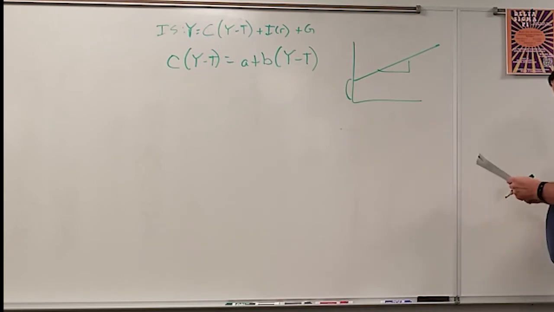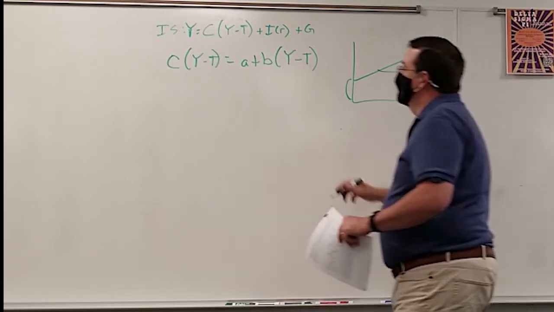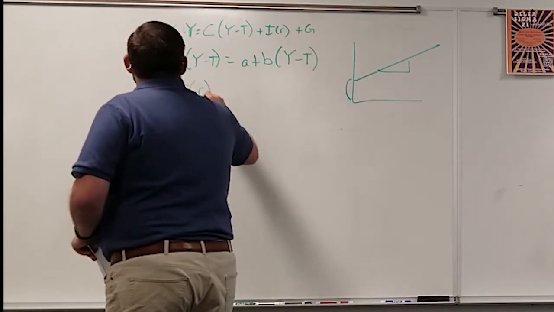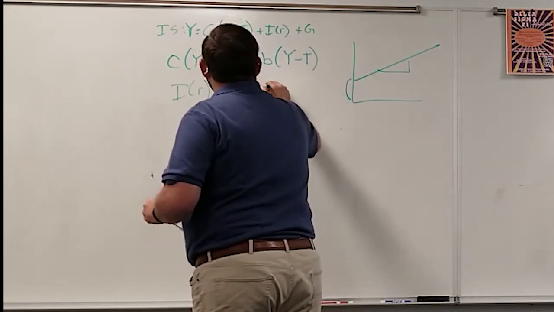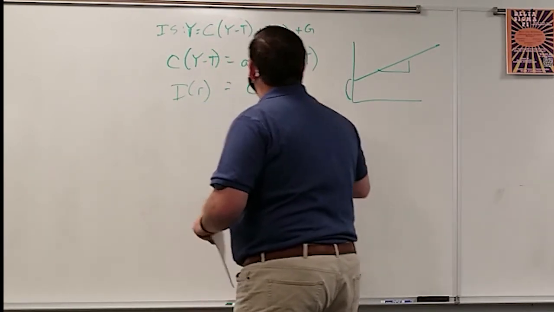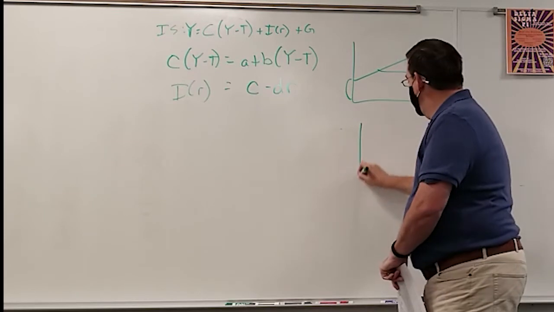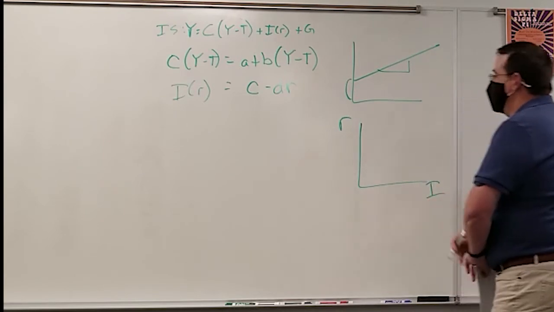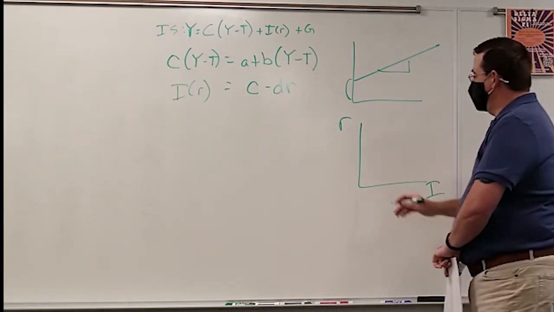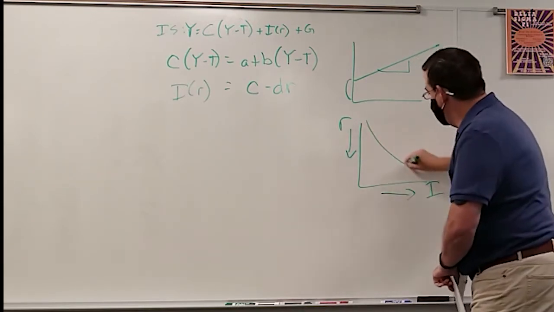So we also are going to need an explicit algebraic expression for investment if we're going to go any farther with this. So for this function, we're going to say that that can be expressed as c minus dr. If you remember, if we have the interest rate and we have the quantity of funds being invested, as the interest rate falls, the quantity of funds that get invested increase, so this has a downward sloping relationship.